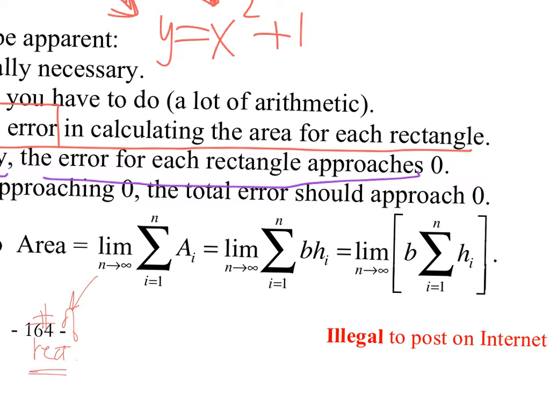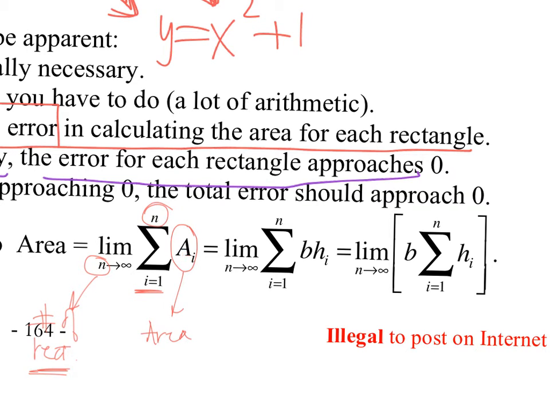As the number of rectangles approaches infinity, the area is the sum of all the areas of those rectangles. So n is the number of rectangles. We're starting with one rectangle going all the way to infinite rectangles. Okay? And capital A sub i means area of whatever rectangle you are.